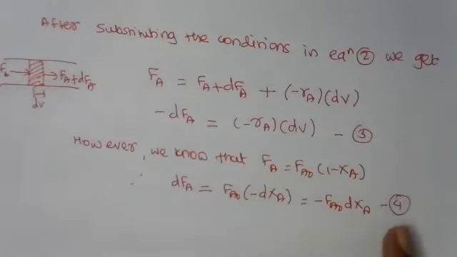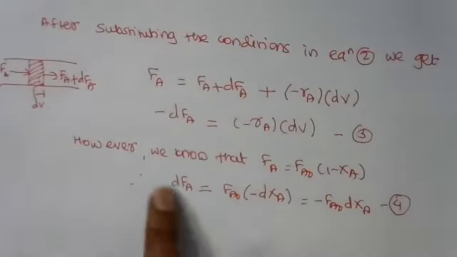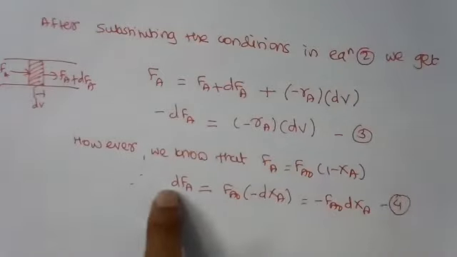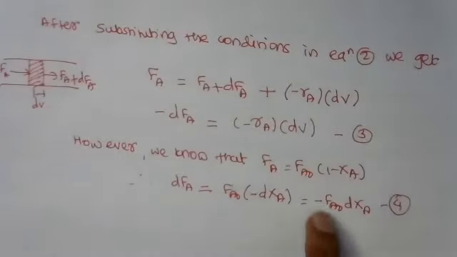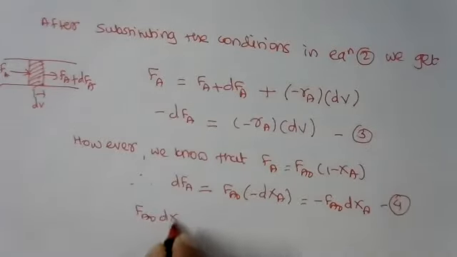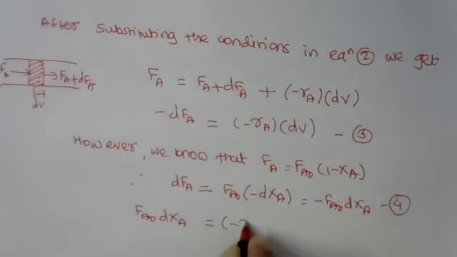Now if you substitute this 4 into 3, then minus dFA, if you take this negative sign to the LHS, will be equal to FA0 dXA, and therefore FA0 dXA is equal to minus RA into dV.